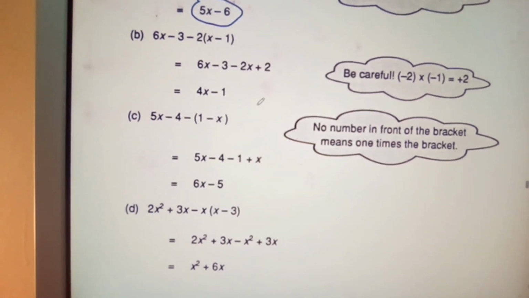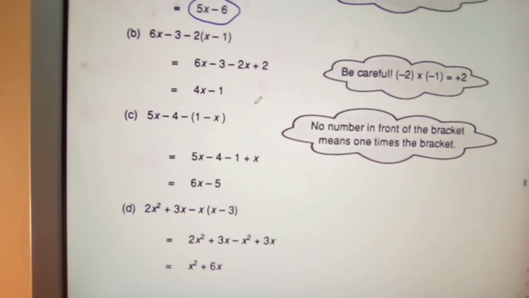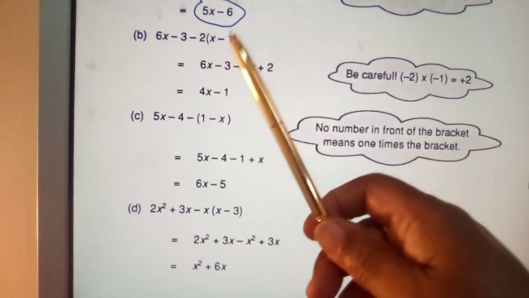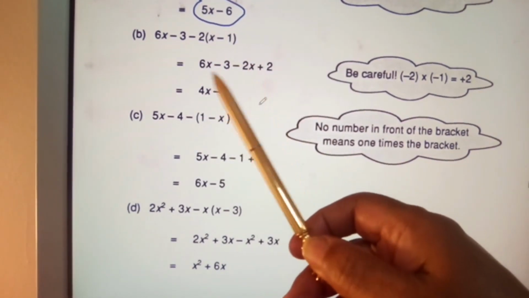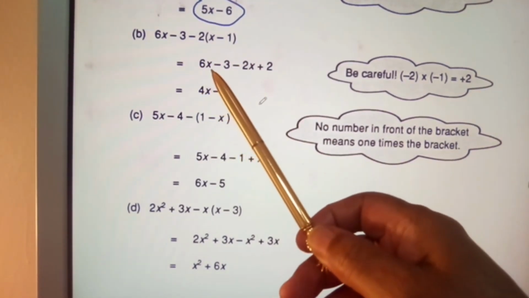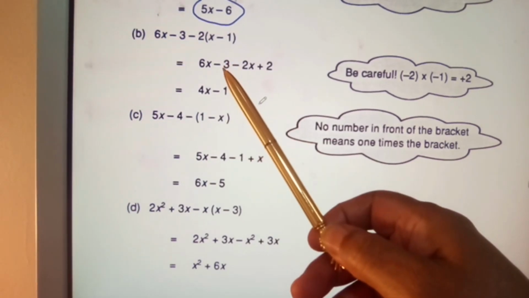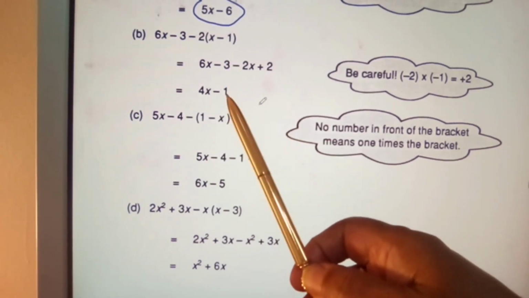Something here interests me. If I take 6x minus 2x, that will leave me 4x. Minus 3 plus 2 will leave me 1.